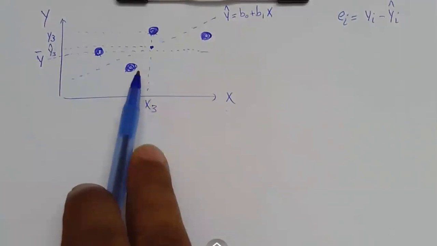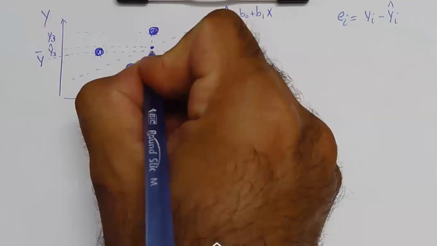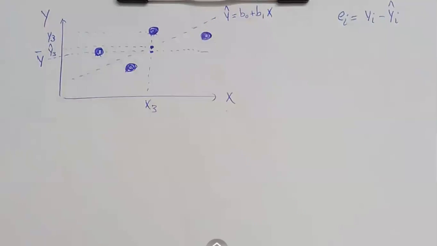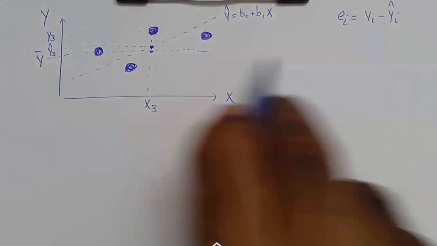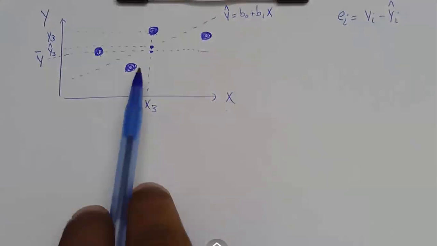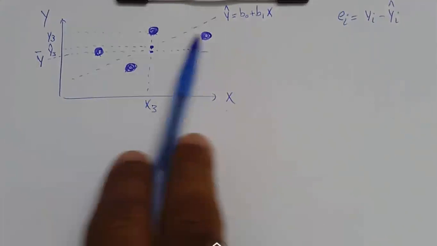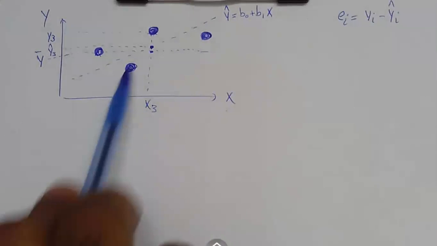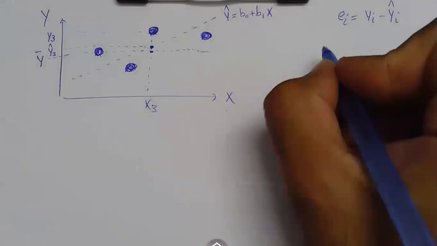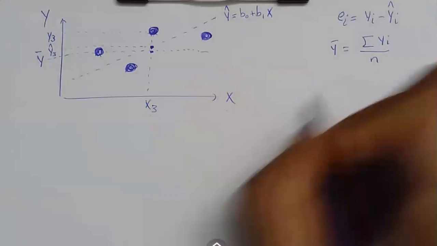If I take the average and call it y bar, as the average of these data points, y bar is a fixed value. For getting the y bar, we need to take into consideration all the values of yi's, right?